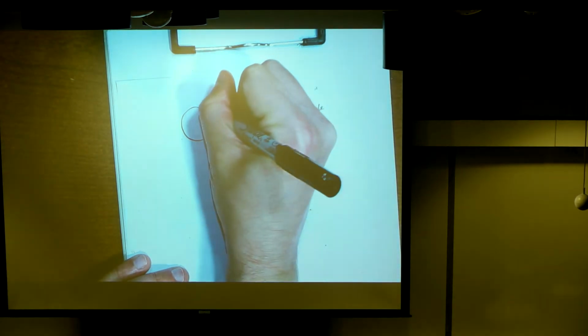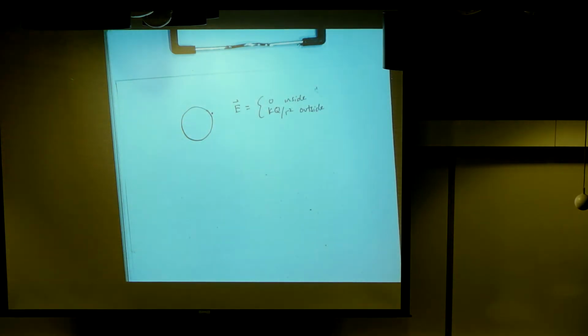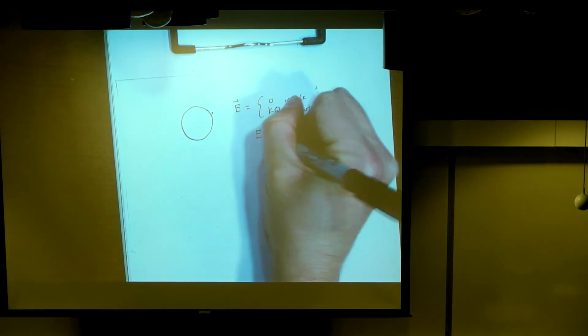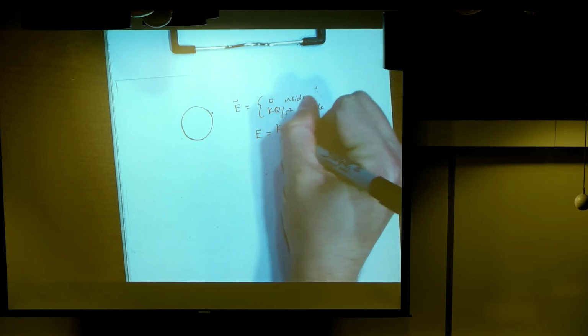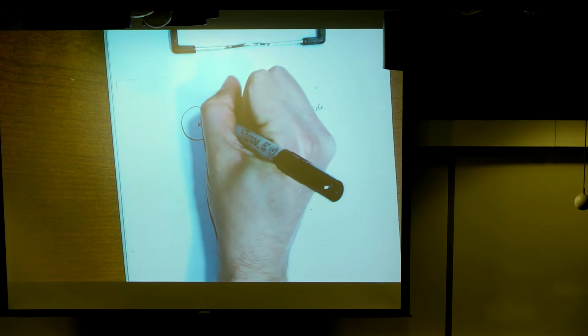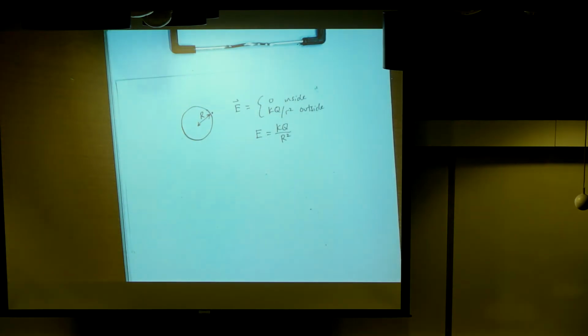So we're interested in a point that's just barely outside of the sphere, just right above the surface, okay? So at a point like that, we'd say the magnitude of the E field is k times q divided by big R squared, where big R is just the radius of our sphere, right?